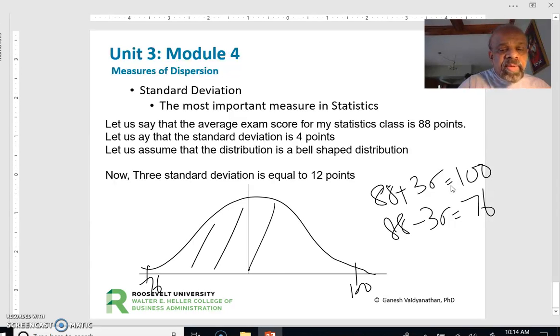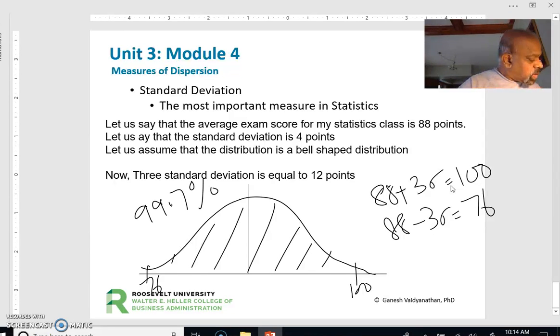So this area basically is my 3 sigma. So I can say that 99.7% of the data values will fall within 3 standard deviations. So I would expect almost all my students to be between 76 points and 100 points.